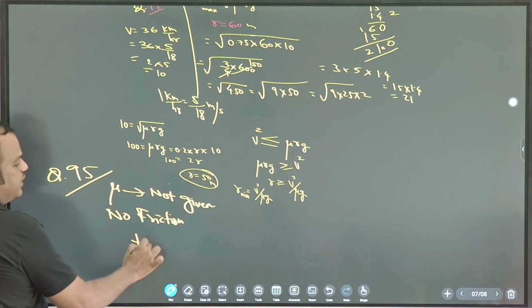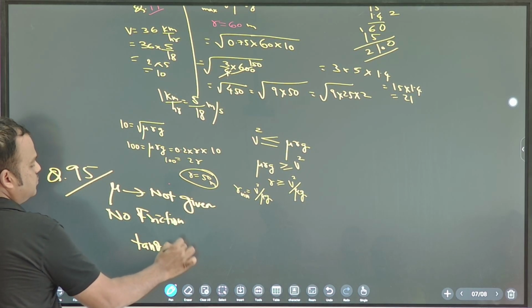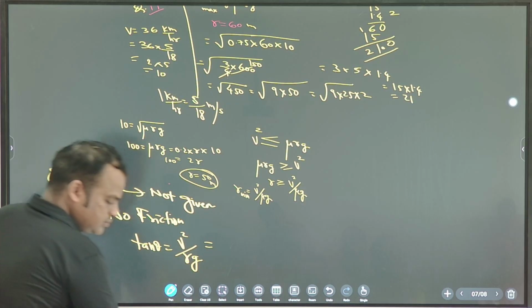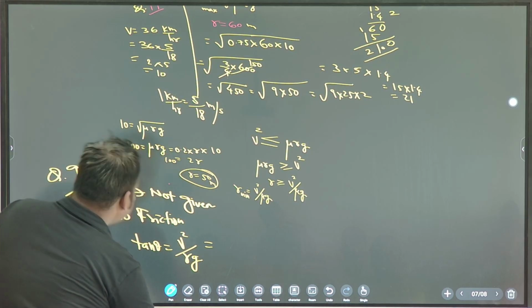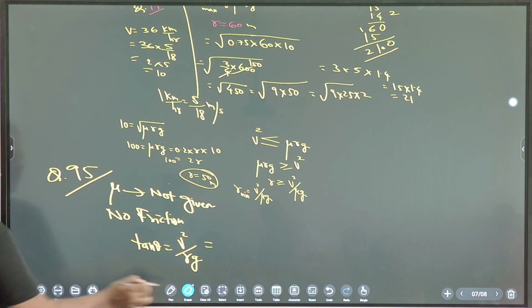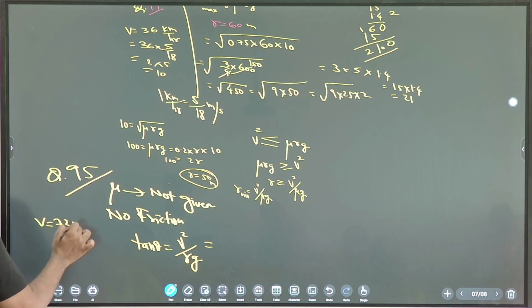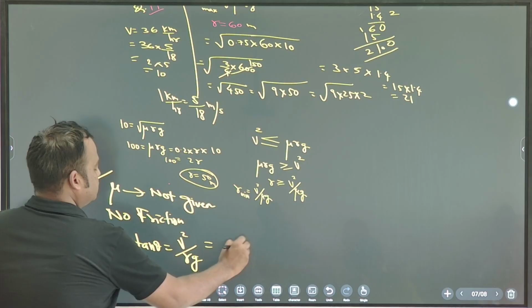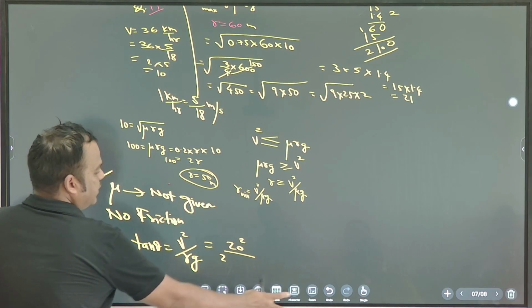So what is the second formula? Tan theta equals V square by Rg. Find tan theta. What is V? 72 into 5 by 18. How much? 20, right? So V square is 20 square.